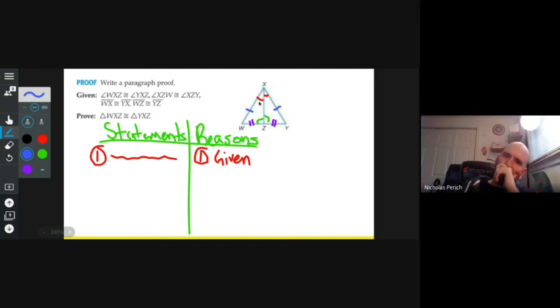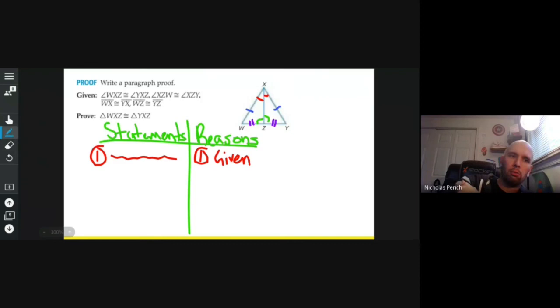Since that angle is equal to that angle, and that angle is equal to that angle, then what two angles are also congruent to each other based off of the fact that red and green are congruent to each other? Just type out the two letters.